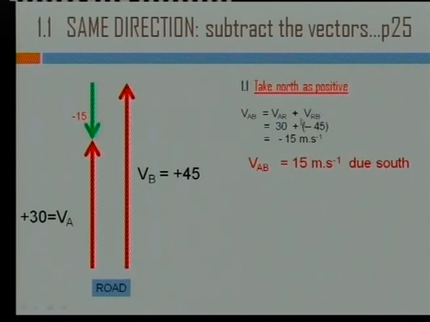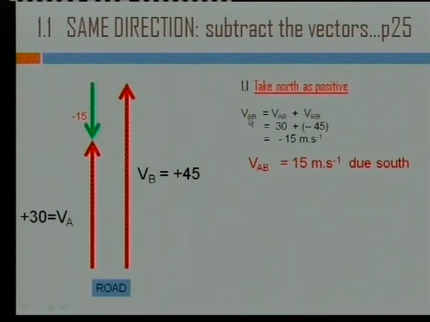That's why B is last. I can see it is 45, but in which direction? It is now in a southerly direction. Remember how we read this? And therefore I put a negative sign in front. And my answer, if I add those two with my calculator, I get minus 15 meters per second. Let's just go over that one more time.